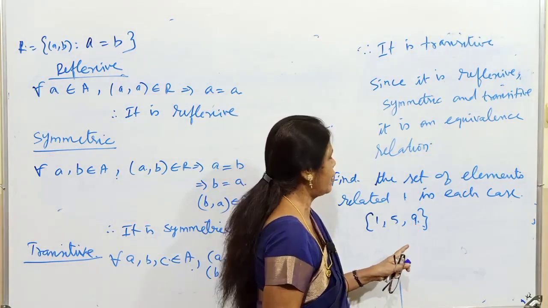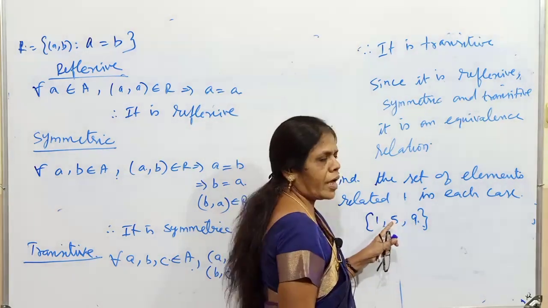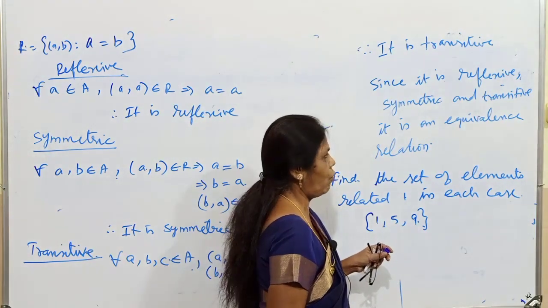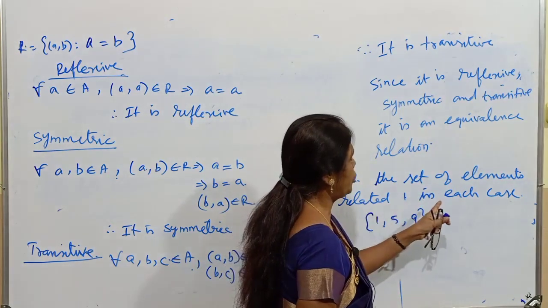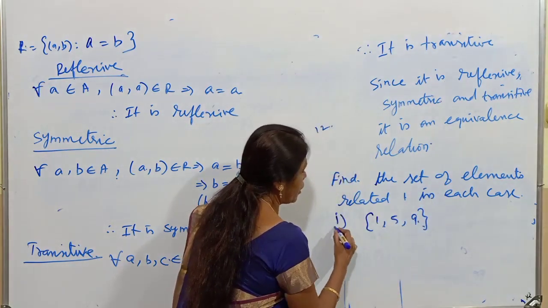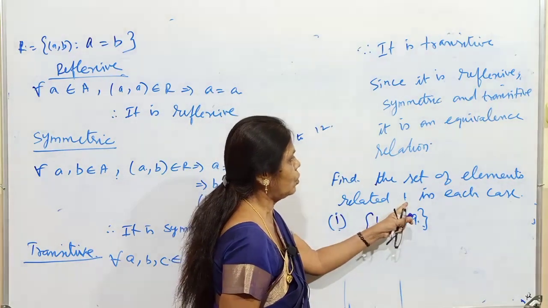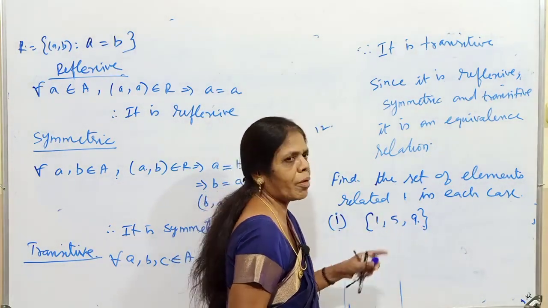I am telling the difference. So this is to find the set of all the elements related to 1. For the first case, the elements related to 1 are 1 comma 5 comma 9.